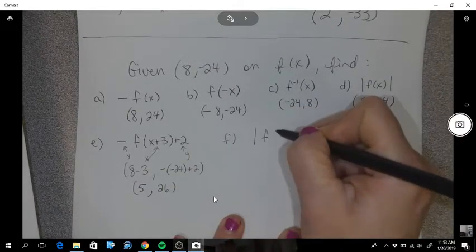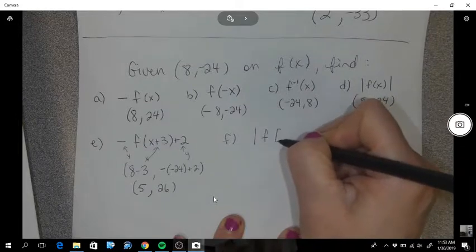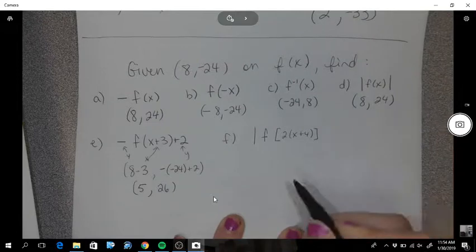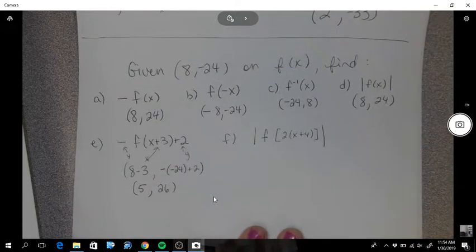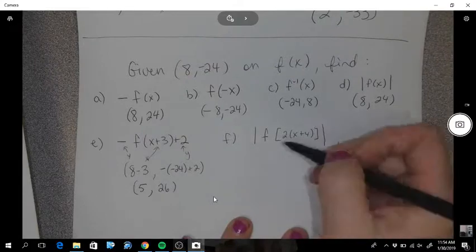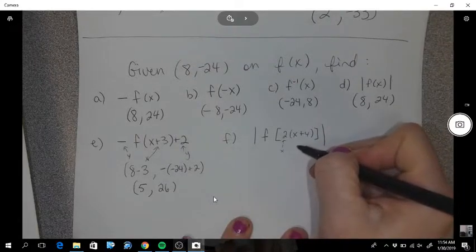The absolute value of f(2x + 4). Okay, so changes to our x are the 2 and the 4.